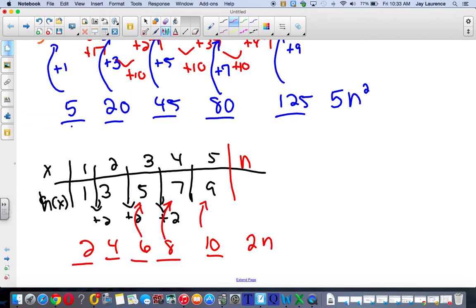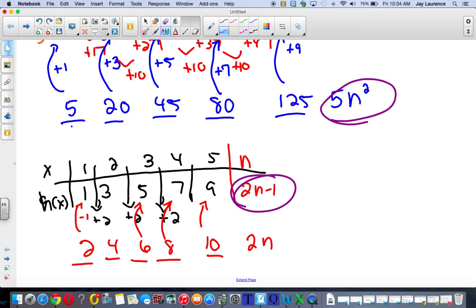Don't I? 2 to 1, I have to subtract 1. So it'll be 2n minus 1. I wonder if the nth term of the original will be the 5n squared plus that. So in other words, I think it's going to be 5n squared plus 2n minus 1. This came from this linear function, and this came from the quadratic part.